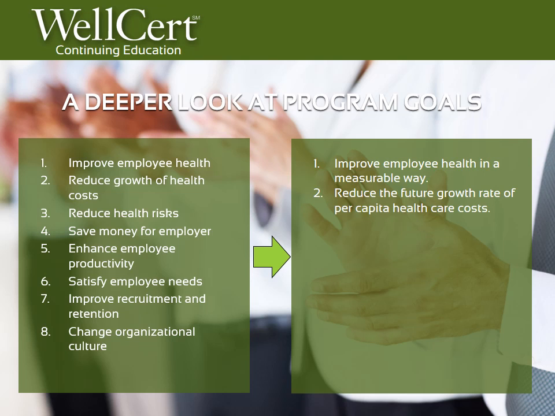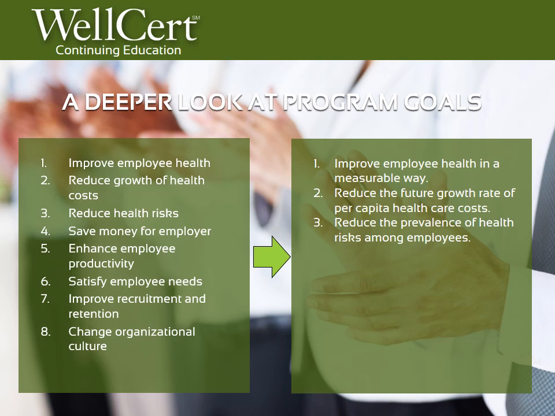The third suggested example here is reduce health risk. So if that's what we want to do, one way of saying that would be to reduce the prevalence of health risk among employees. Now, prevalence is simply frequency. It's incidence, how often it appears.